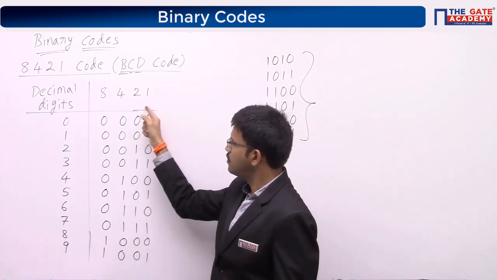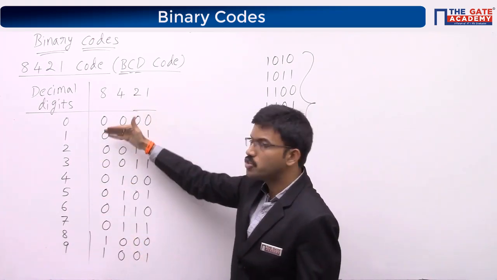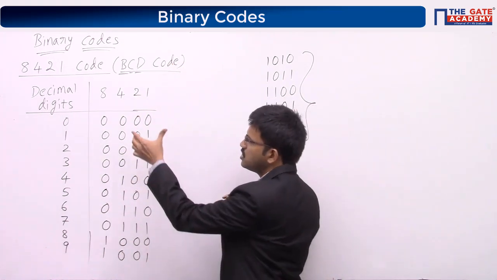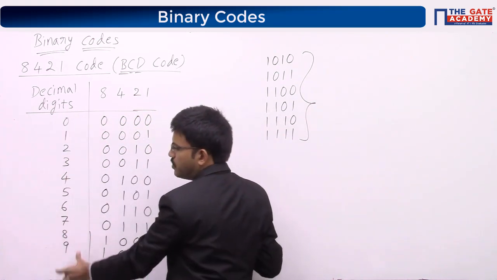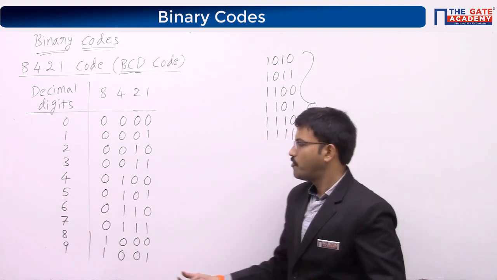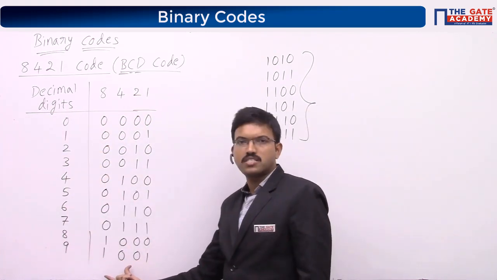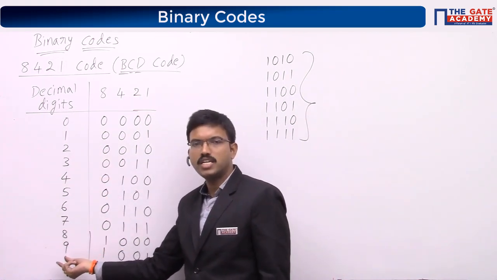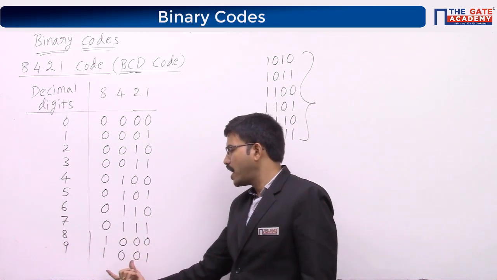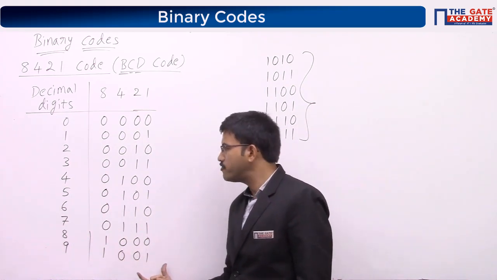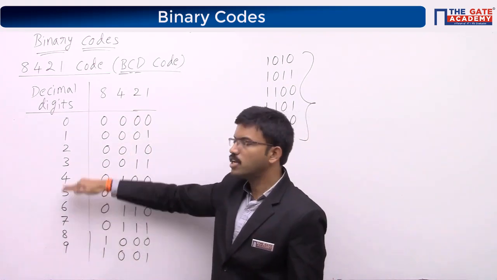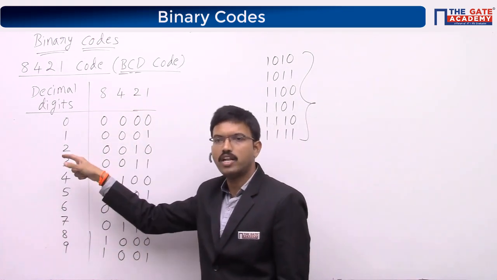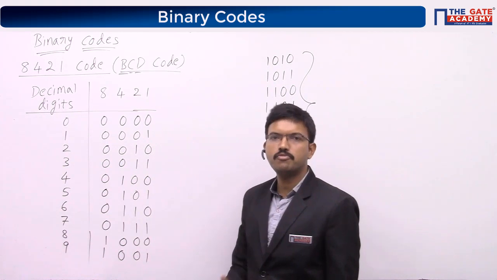See, whatever the code here we are having 0 to 9, all these are valid BCD code because we are using the binary code for representing the decimal digits. For representing 9 I require 4 bits, right? Maximum decimal value you can represent for a single digit is 9. To represent 9 I require 4 bits. That means with the help of 4 bits you can represent all the remaining digits. For a single digit, whatever the remaining values you are having, all those values you can represent with the same 4 bits.